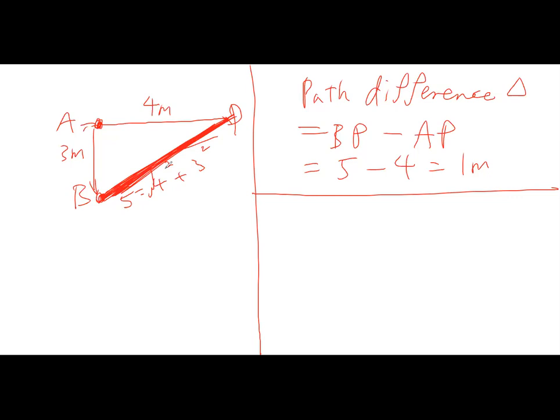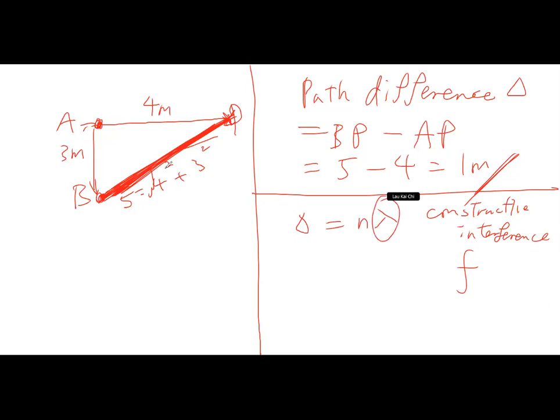All right, now so this is the path difference. And remember, this path difference could be equal to n lambda for constructive interference, okay? So I can ask something else here, because I can ask what are the possible frequencies that would have constructive interference at this path difference. That means I can ask a question about frequency instead of lambda.